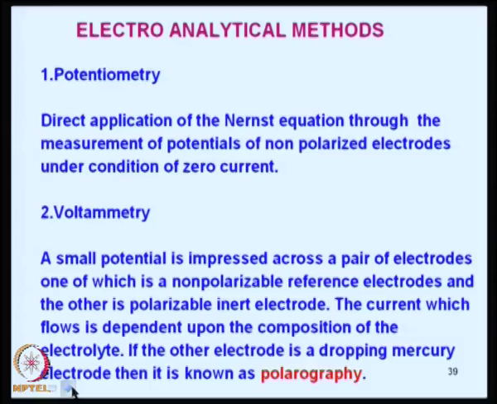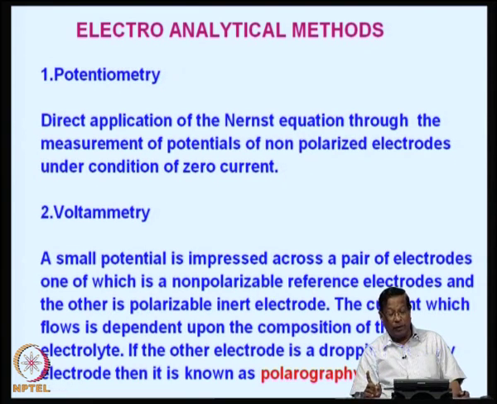So, another technique is voltammetry. Here what we do is a small applied current is impressed across a pair of electrodes, one of which is a non-polarizable reference electrode. That means, you apply any amount of voltage, it won't show you a chemical reaction.